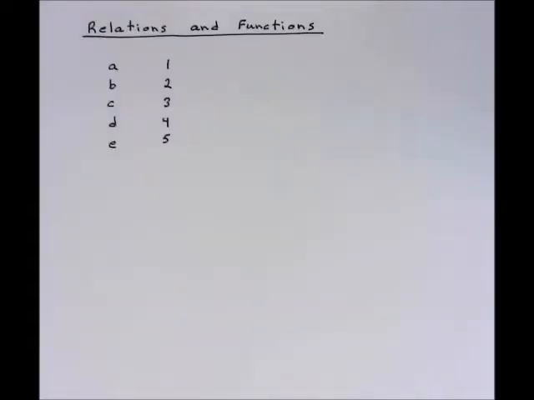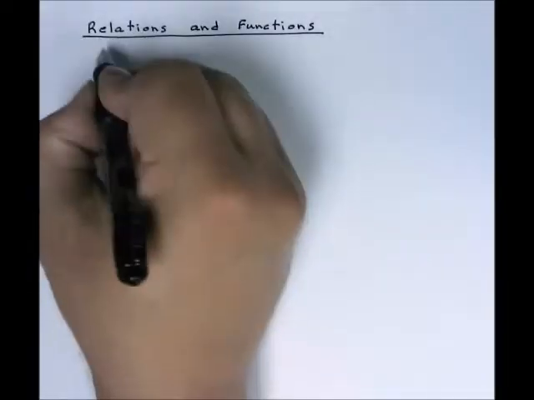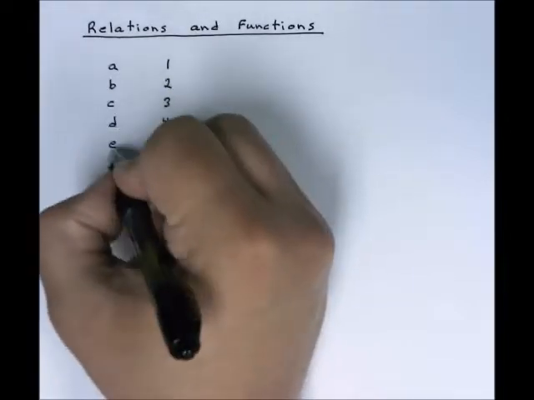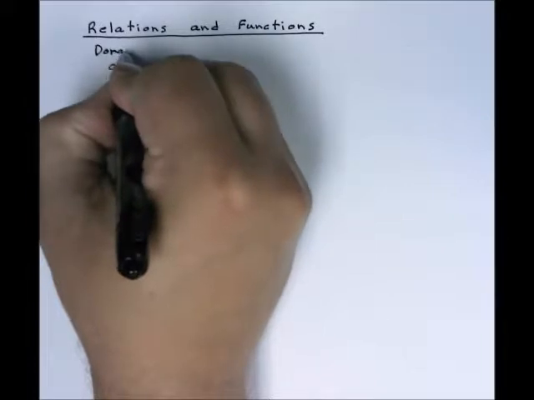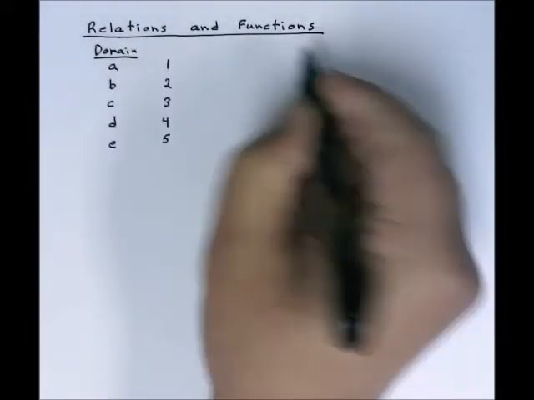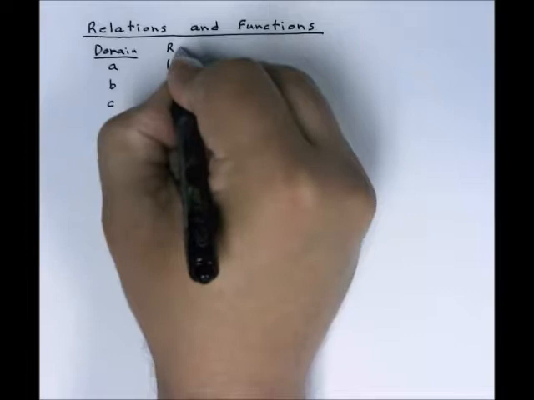The next topic we're going to discuss are relations and functions. And a relation is just any rule that takes elements of one set, which we call the domain, and assigns them to elements of another set, which we call the range.